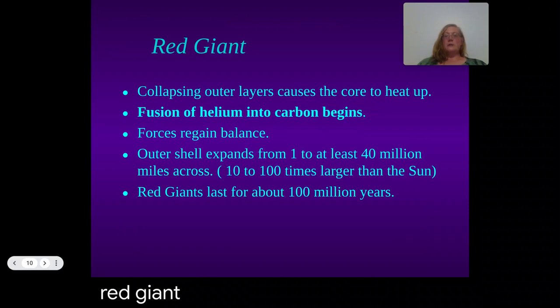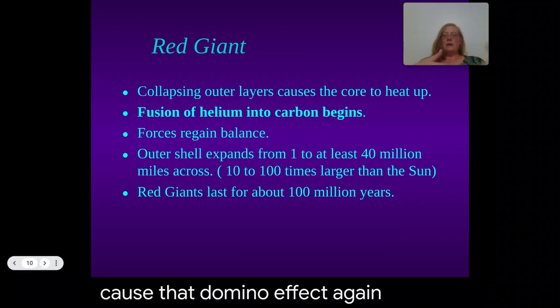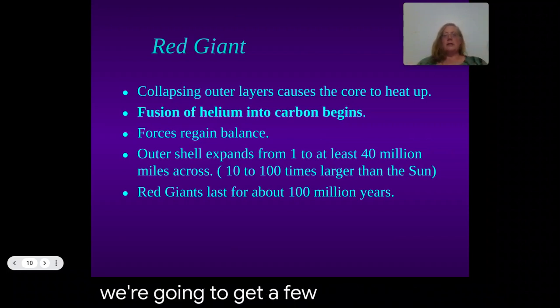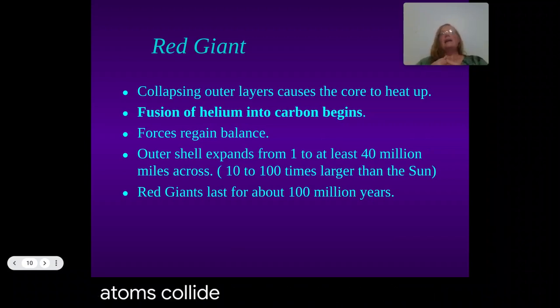So the layers collapse. The outside, the convective and the radiative zones collapse. This is going to cause that domino effect again. The outer layers are going to collapse in. We're going to get a fusion of helium to carbon. So we have the helium atoms colliding, and they are going to make carbon.